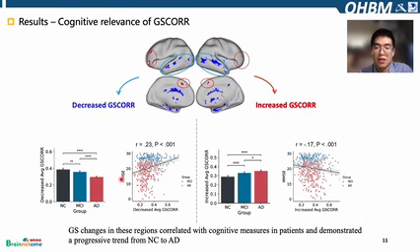The decreased GSLR showed differences between groups and positively correlated with the MMSE score, and the increased GSLR showed differences between groups and negatively correlated with the MMSE score.